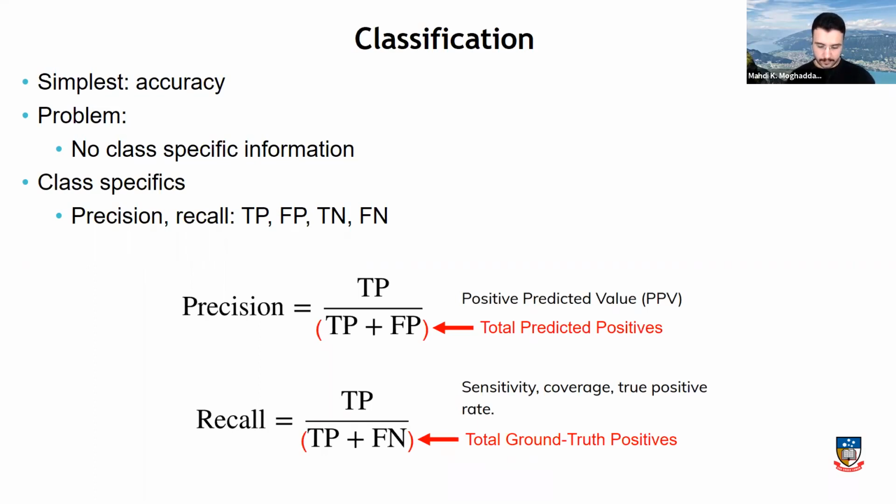So the number of correct predictions versus the overall number of predictions that you have for that specific class.